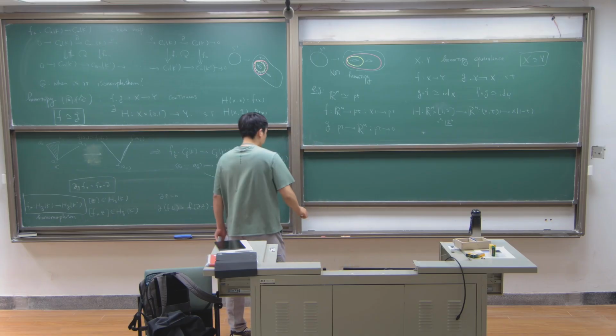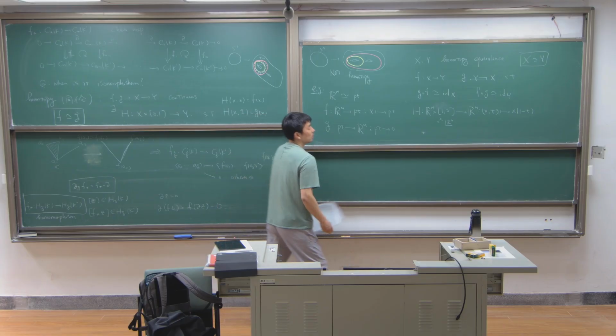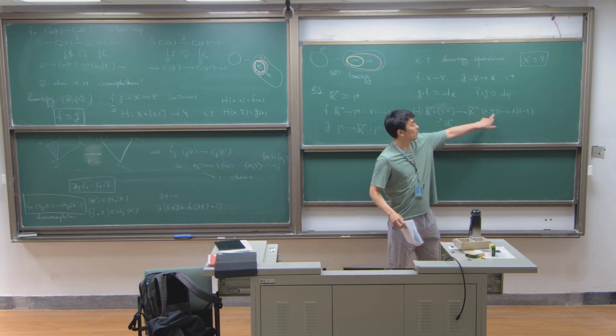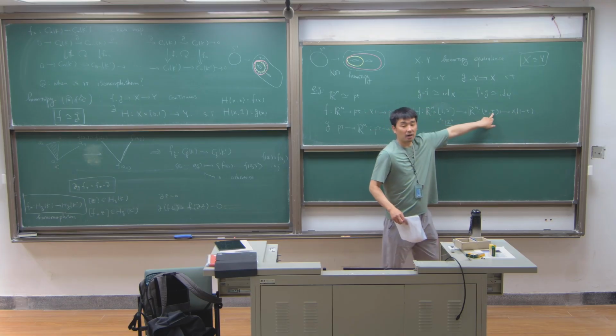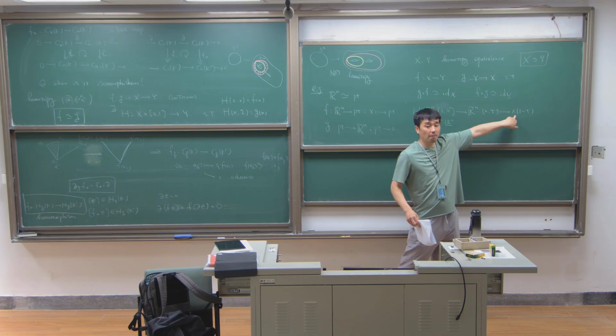When t equals 0, it's just the identity map, so x is mapped to x. But when t equals 1, x is mapped to 0.